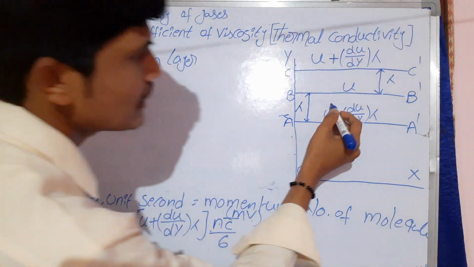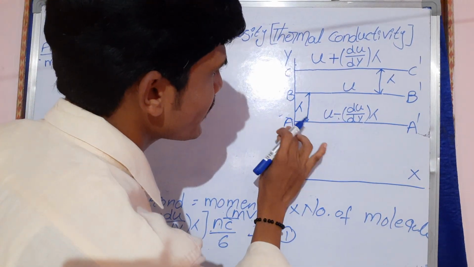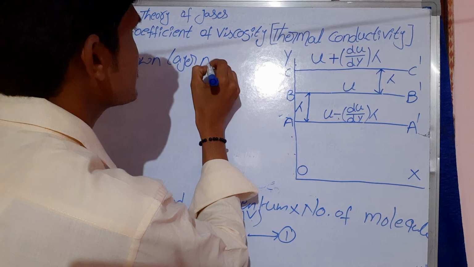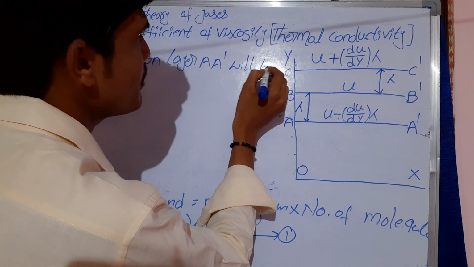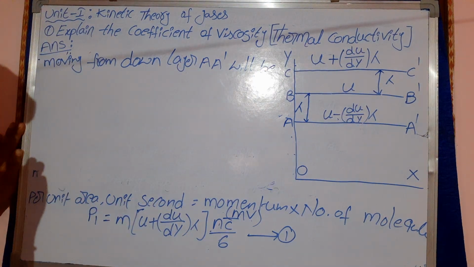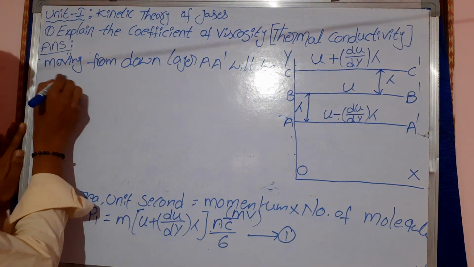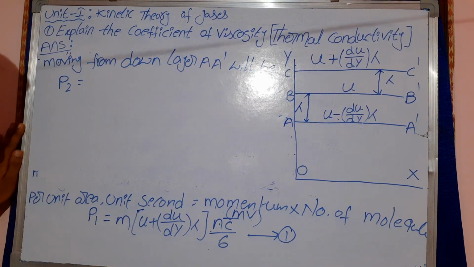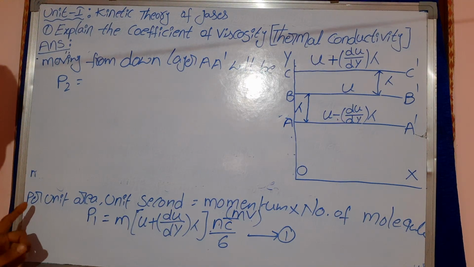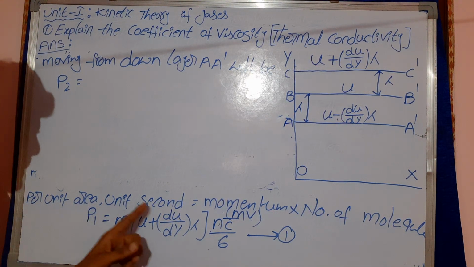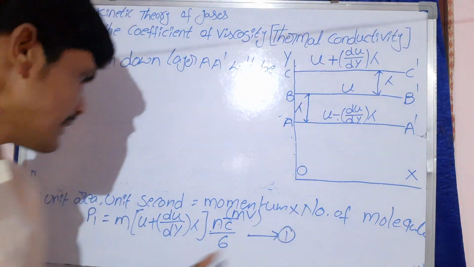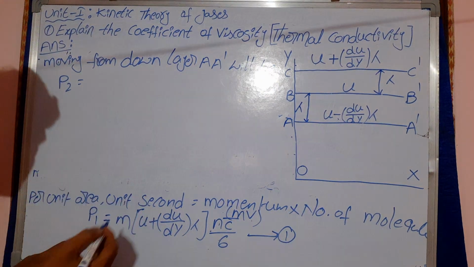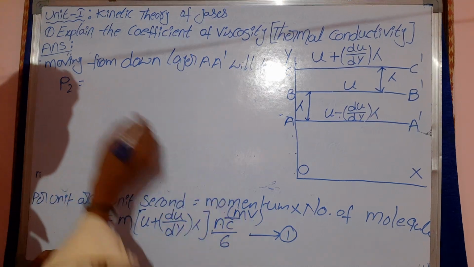Down layer means A dash. So P2 equals, by the equation formula per unit area per unit second, momentum into number of molecules. That means P2 equals momentum, mv.